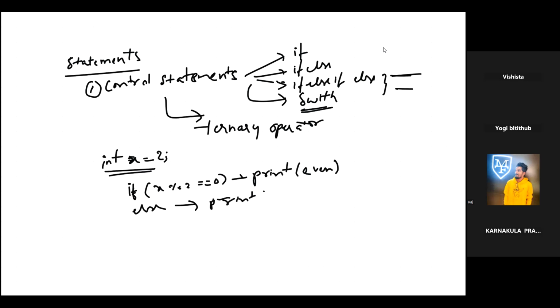So this is how we used to check if a number is even or odd, right? So you tend to write a lot of code again. Instead of that, you can do it in a better way. For example, if I want to store this value, I'd better write the exact code.